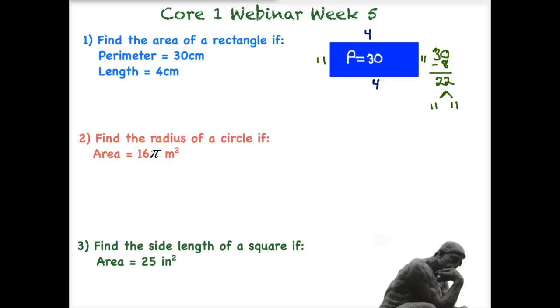So, Dee, did you write down how to find the area of a rectangle? Okay. Let me ask you this last question. Do you know how to find the area of a rectangle then?